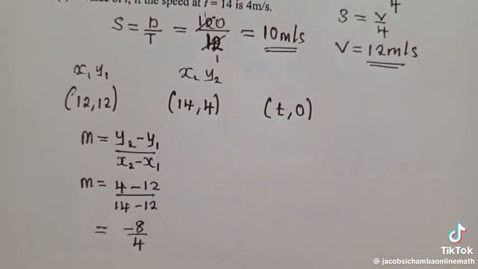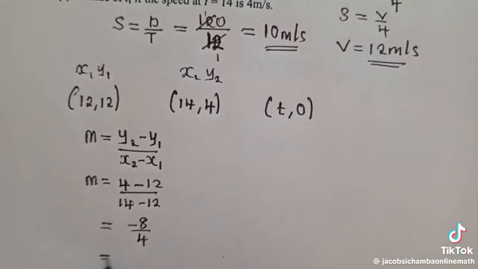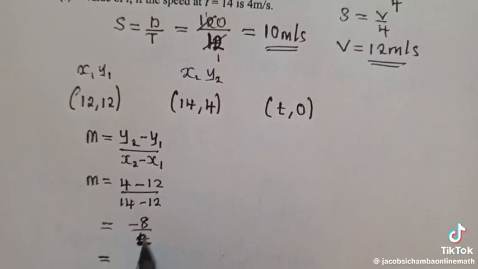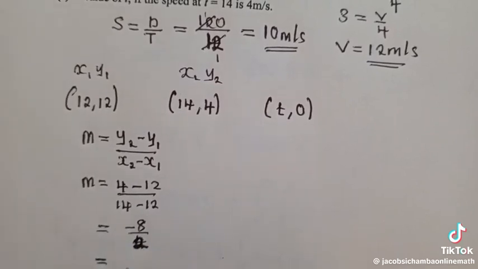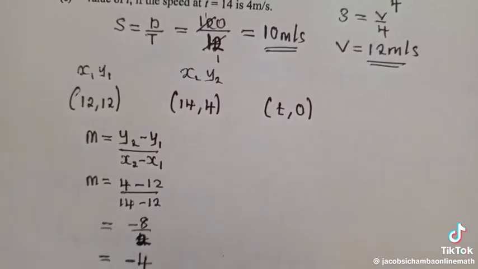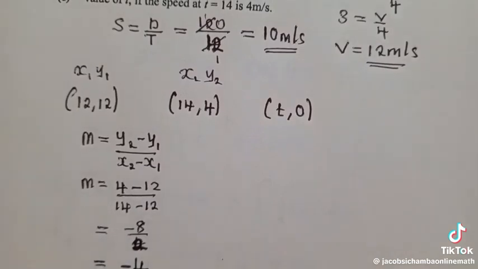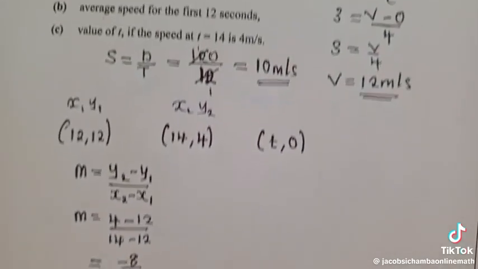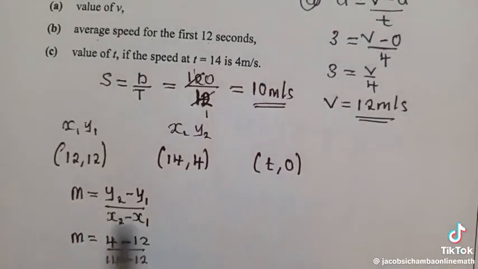Negative 8 over 4, which actually is 2 over 2, of which when we divide, our final answer will be negative 4. So we've just found the deceleration. Deceleration is this one right here.